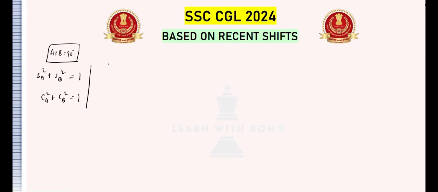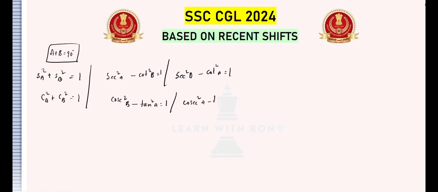And other identities you need to remember, secant square a minus cot square b equals 1 or secant square b minus cot square a equals 1. This identity. And one more identity, cosecant square b minus tan square a equals 1 or cosecant square a minus tan square b equals 1. Try to remember these formulas because it might be useful.